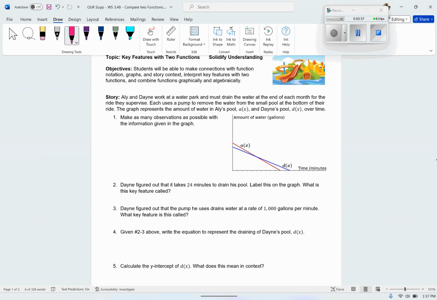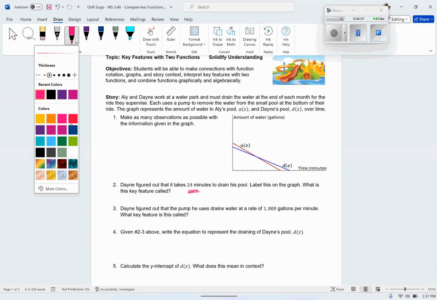It says, Dane figured out that it takes 24 minutes to drain his pool. So Dane is the blue line, right? This point right here is going to take 24 minutes, because don't you think this line would mean when it's all empty? This is the amount of water, and this is how much time. It says it takes 24 minutes to drain his pool.